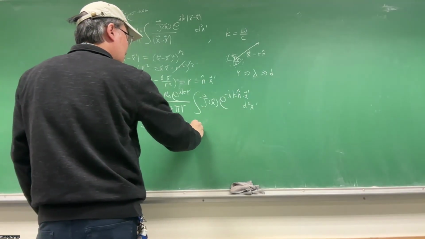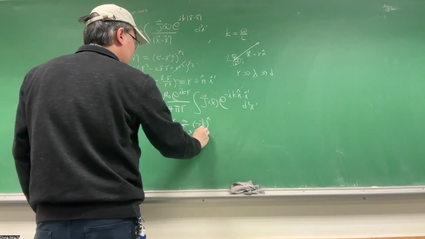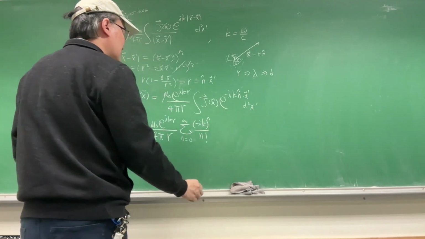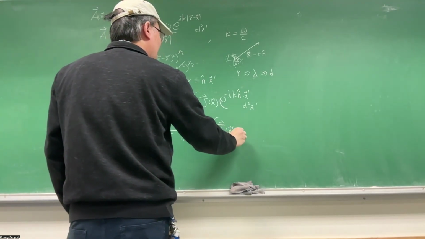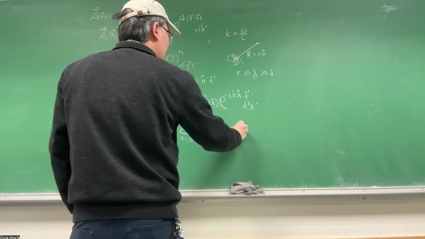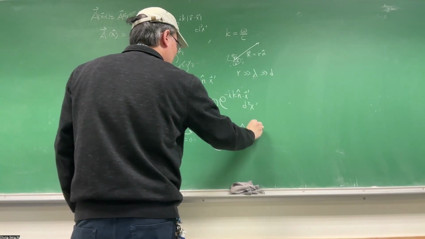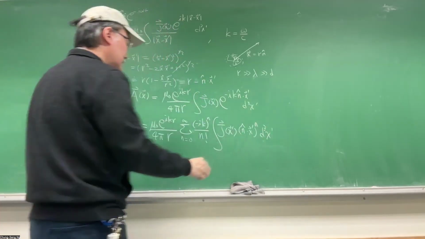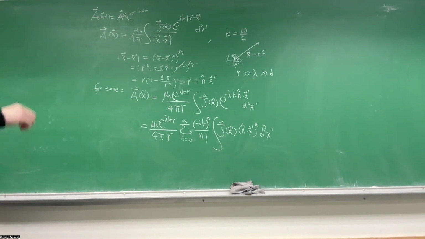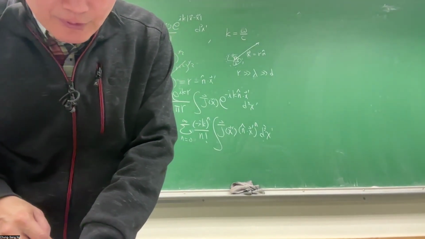So outside the integral is minus i k to the n power divided by n factorial, and inside the integral is n hat dot x prime to the n power. Okay, so that is number 9.9.